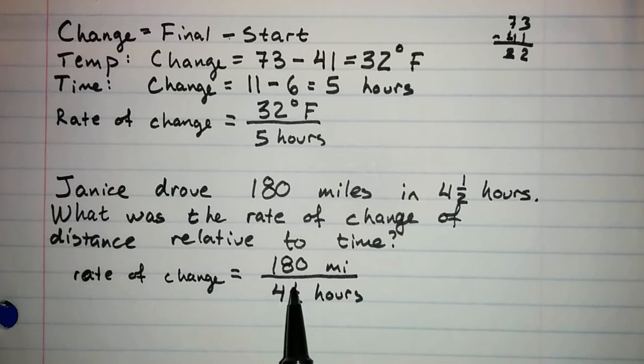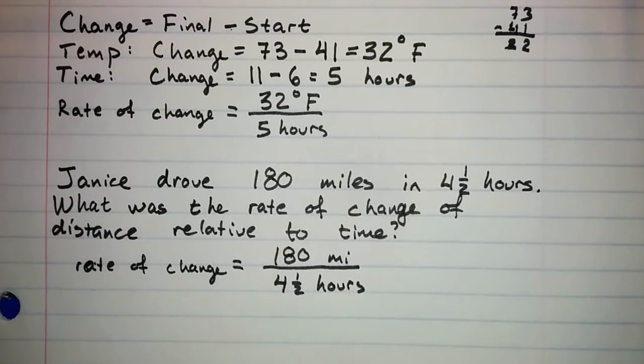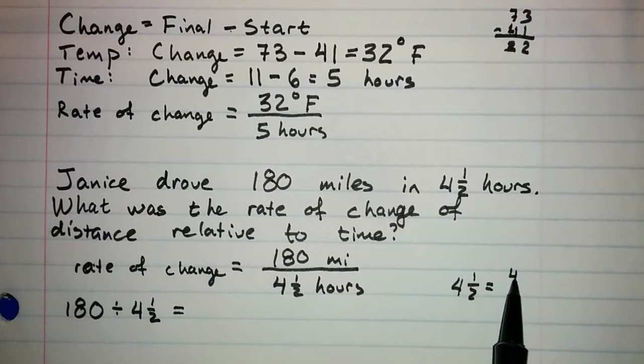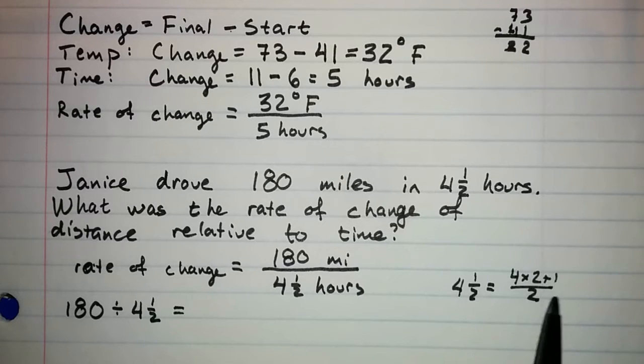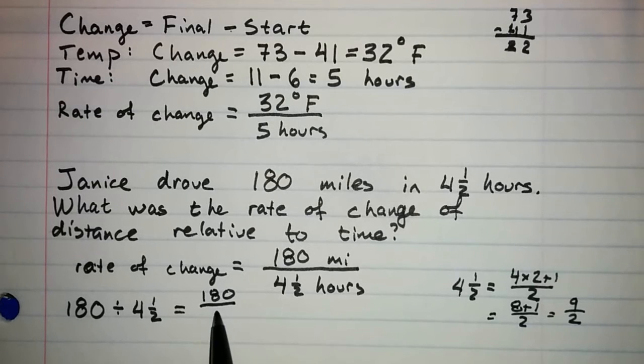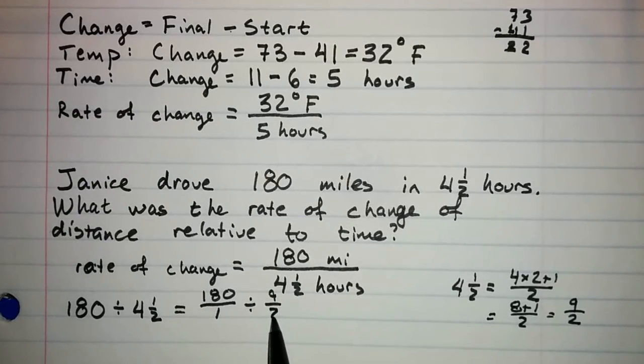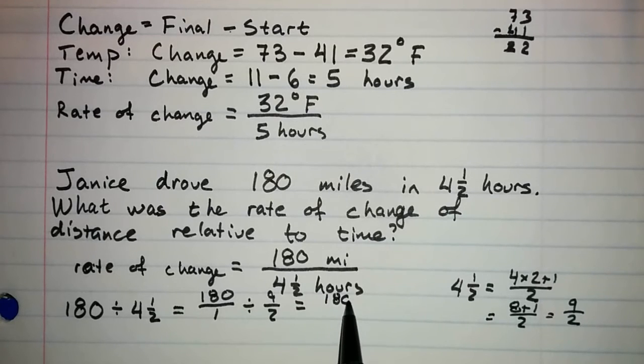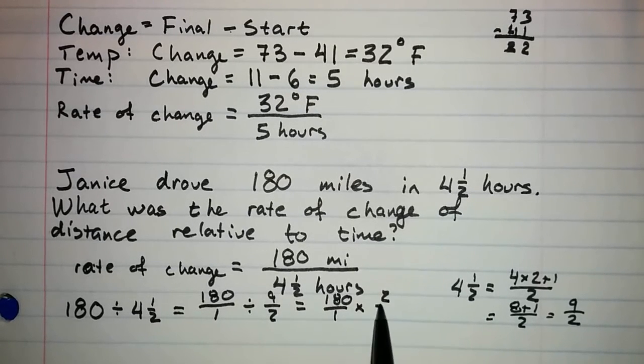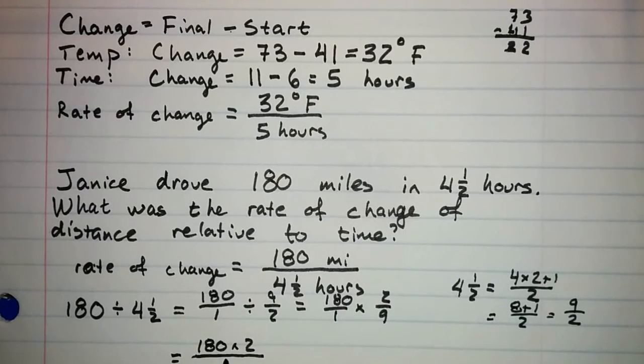We could, for example, see that this is a complex fraction, so we'd like to write it as a division problem. Let's see, 4.5, that's 4 times 2 plus 1 halves. That's 8 plus 1 halves, or 9 halves. So this is 180 wholes divided by 9 halves. 180 wholes times 2 ninths. 180 times 2 over 9.